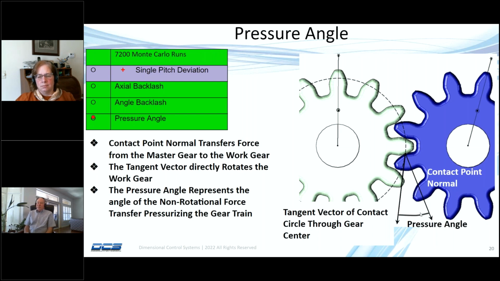Once they equalize, then the pressure from the teeth transmits to each other very efficiently. So if you have too much force, it's going to break something. That's why bearings wear out, or the housing screws come out of the housing, other things happen. So the pressure angle is a very important gear measurement.